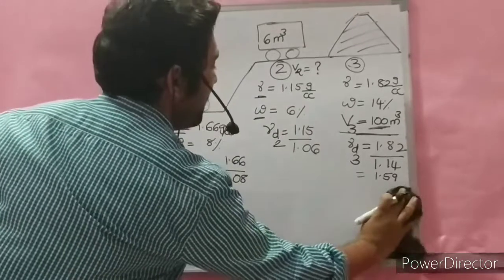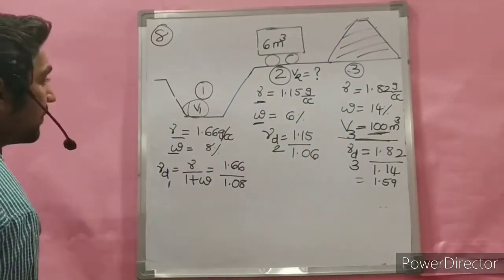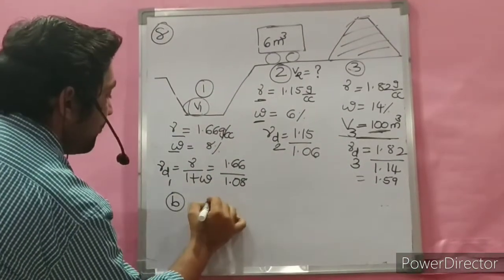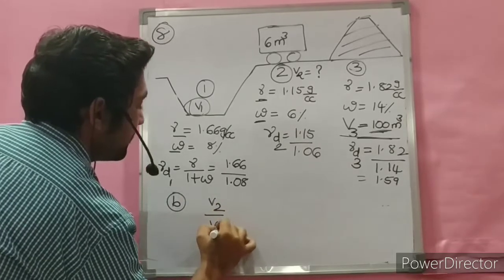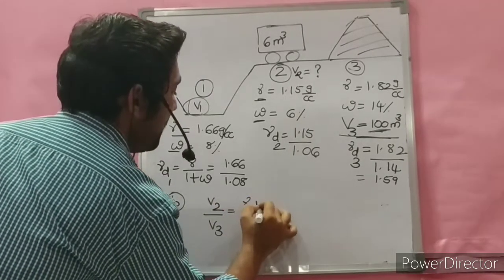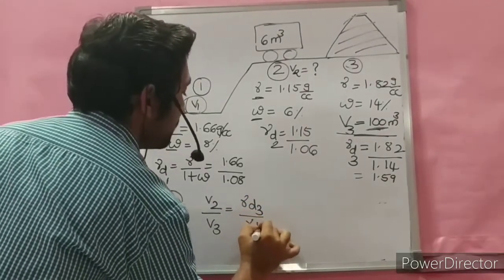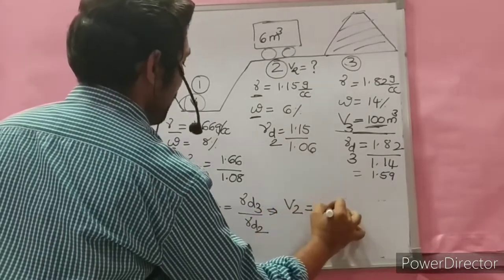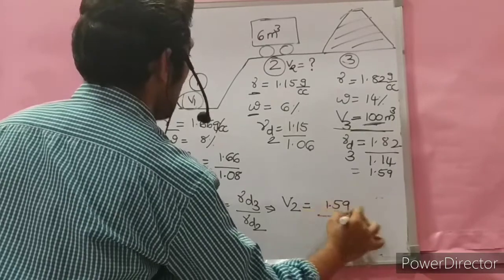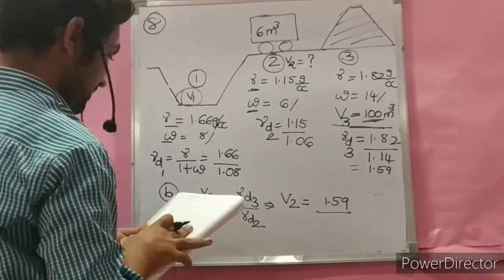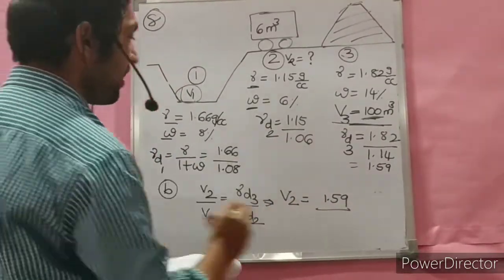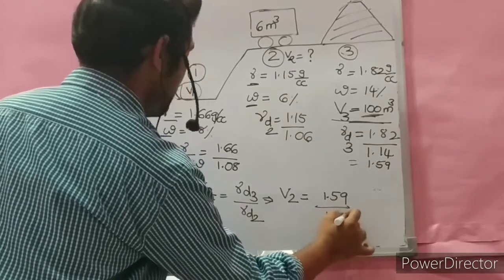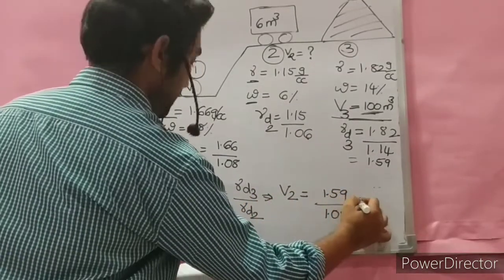So for part B, V2 by V3 is equal to gamma D3 by gamma D2. This implies V2 is equal to 1.59 by gamma D2. Gamma D2 I solved already, 1.08, into 100.